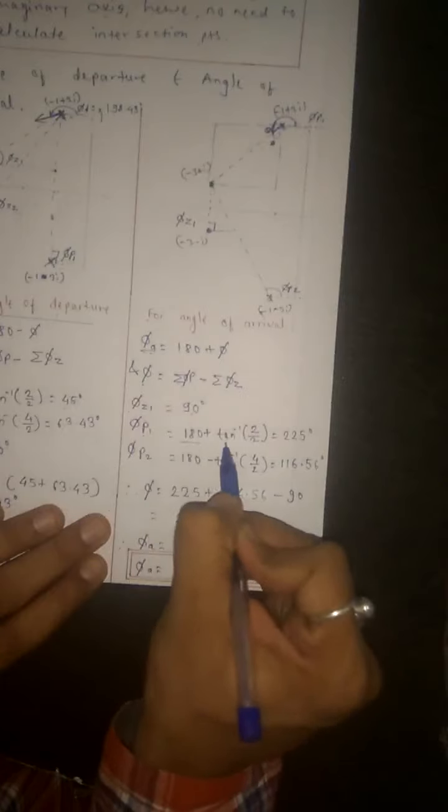So tan inverse 2 by 2. So phi p1 will be 180 plus tan inverse 2 by 2. We already calculated tan inverse 2 by 2 as 45 degree. So 180 plus 45 will be 225 degree.